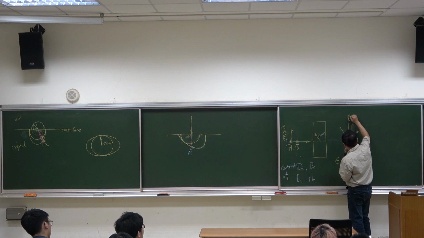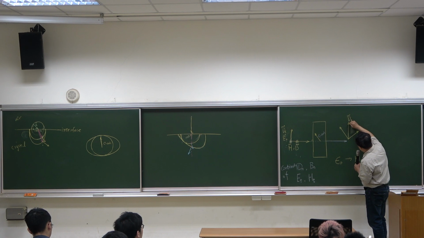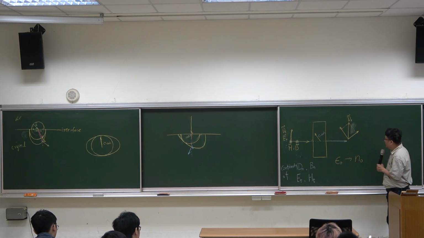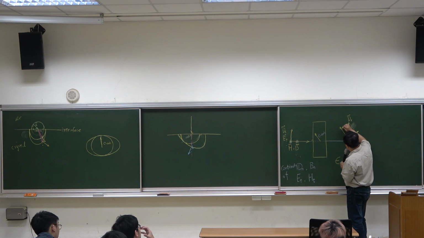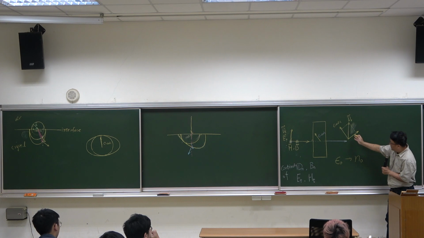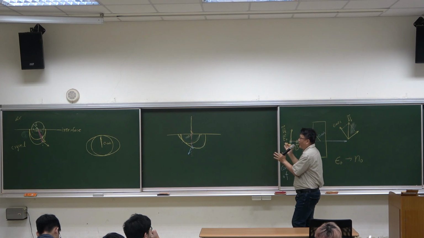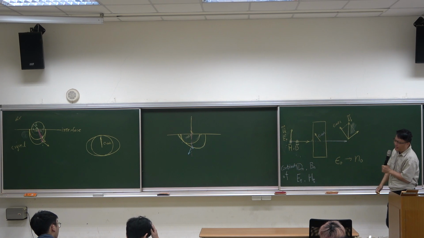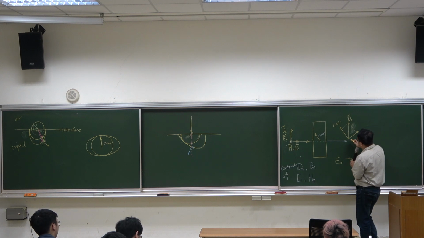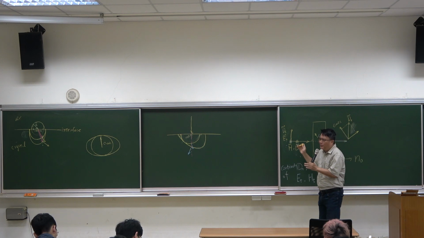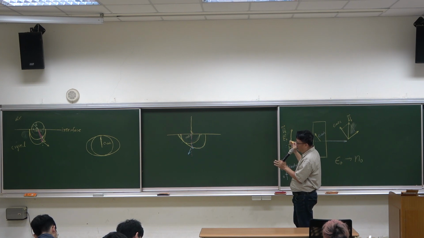This is the D vector inside the crystal. One component of the D vector is along the C axis. The other component is along the plane that is perpendicular to the C axis. Since this direction and this direction correspond to different epsilon, okay?